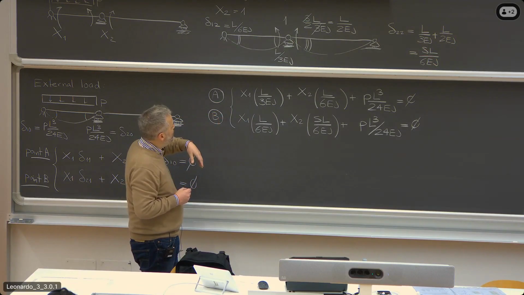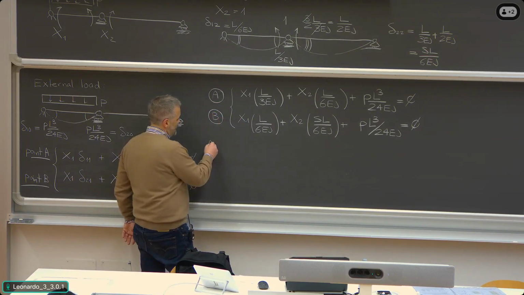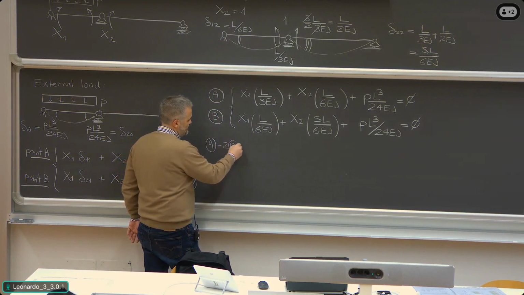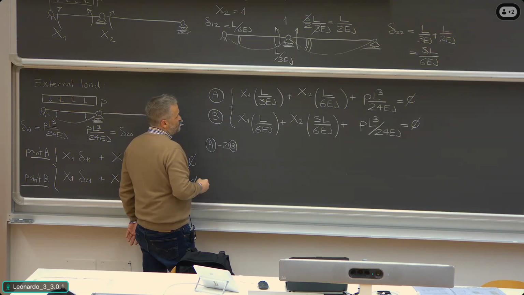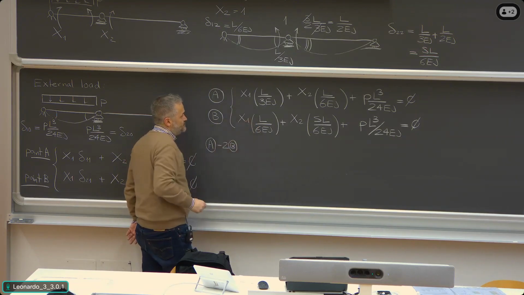So, for example, a good idea is to do A minus 2B. Subtract this equation multiplied by 2 from this one.